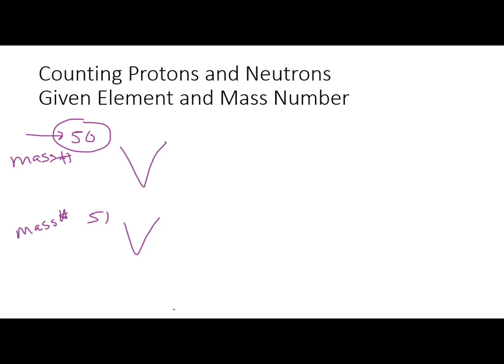And so the way the question in your homework is going to go is like this. For both of them, I want to knock out the number of protons, and I want to knock out the number of neutrons. So I'll give you a minute.